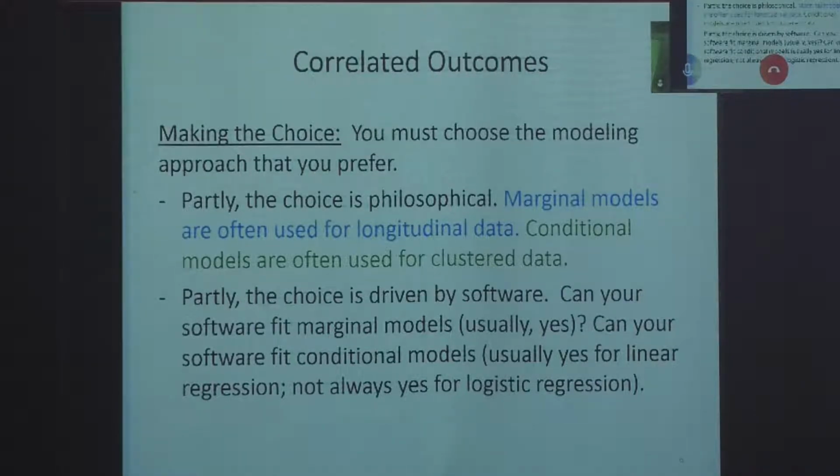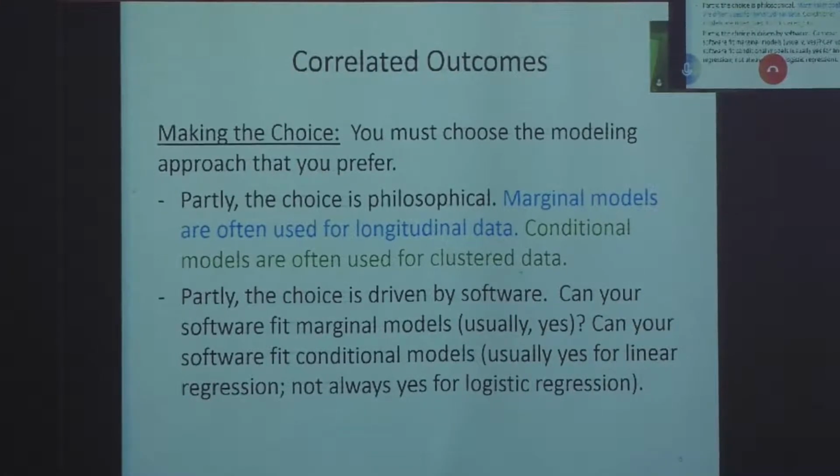Cluster data meant something like we were looking at patient outcomes, whether a patient lived or died, the quality of life, the function of the patient, but those patients were treated by a number of physicians. And so the patients are clustered within their treating physician. Patients who are treated by the same physician will tend to have dependent outcomes. Patients seen by different physicians tend to have independent outcomes. And so that's what I meant by cluster data.